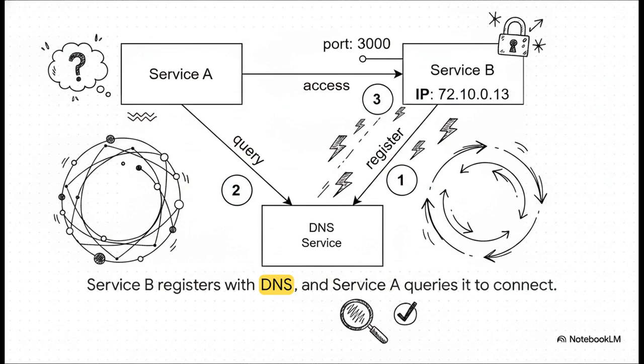To solve this hardwiring problem, Service A cleverly uses a DNS service. It works like this. Service B registers itself with the DNS. Then, when Service A wants to connect, it queries the DNS, acting as an external authority, to find out exactly where Service B is currently hanging out. Just like that, we've eliminated those brittle, hard-coded configurations.